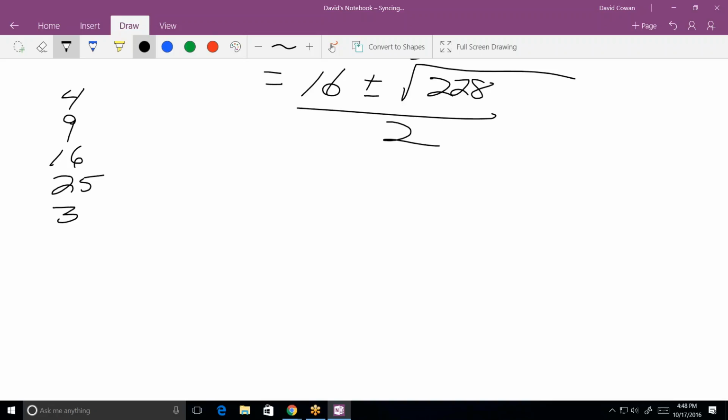With me? So we're looking for one of these to be able to divide into that. It has to have a factor that's a perfect square number. Otherwise, we can't simplify it. Well, let's start with 4.